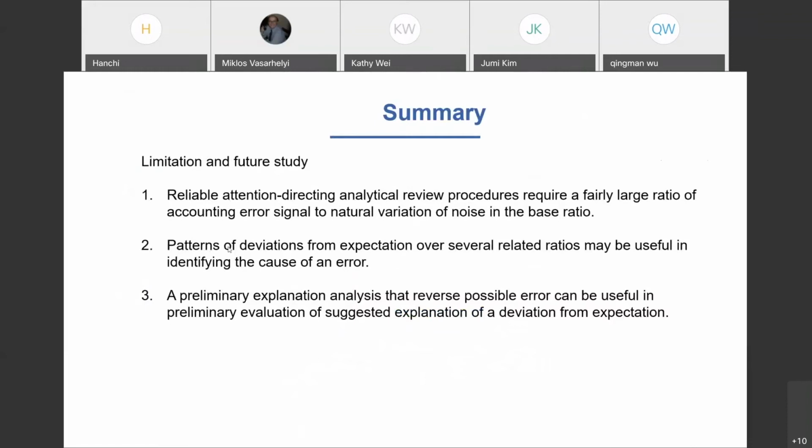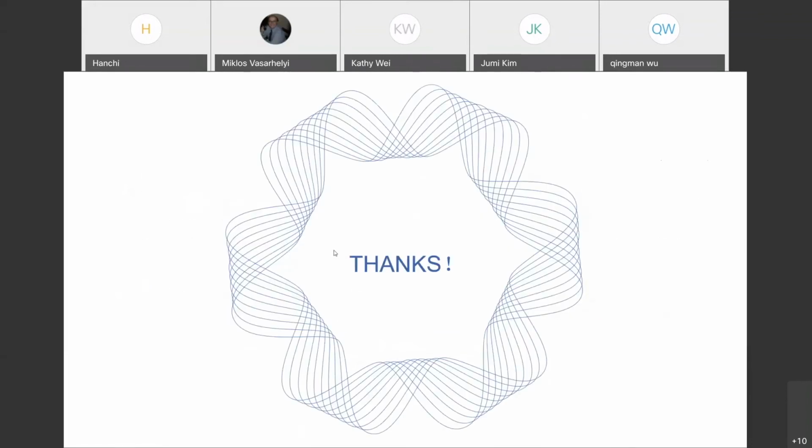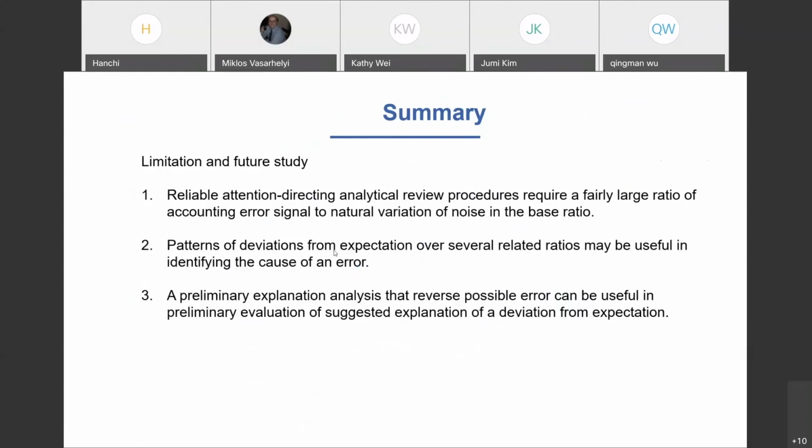And the pattern of deviation from the expectation over several related issues may be useful in identifying the cause of the error. And the last one is that a preliminary explanation analysis of reverse possible error can be useful in the preliminary evaluation of the suggested explanation of the deviation from the expectation. That's all. Thank you.